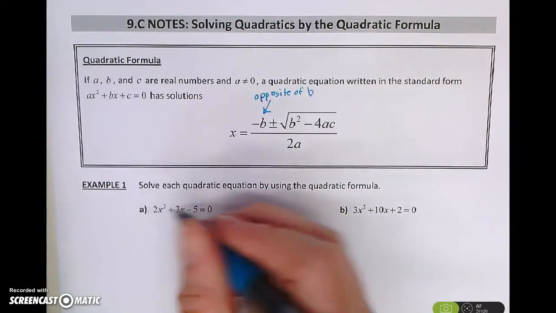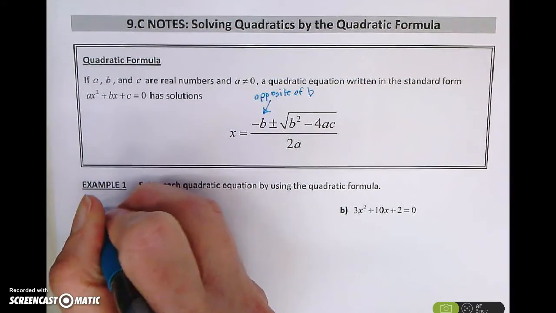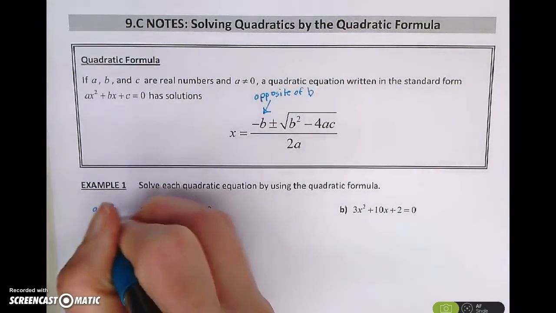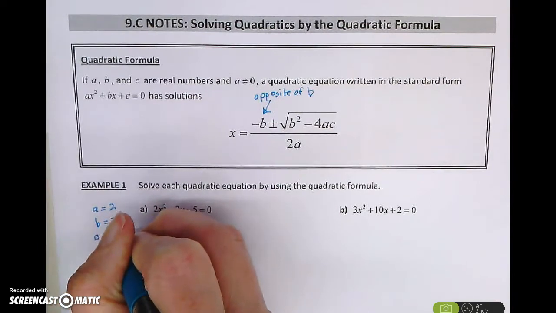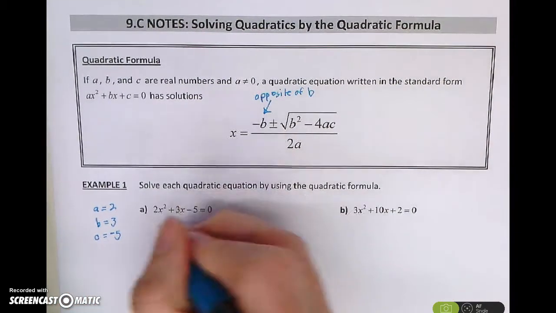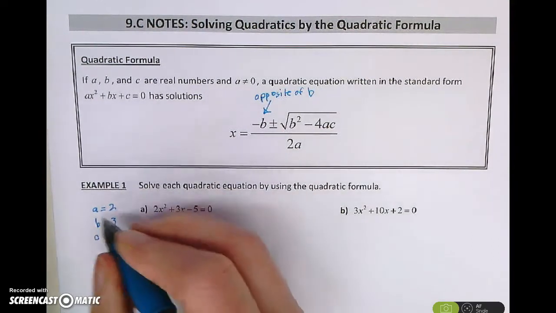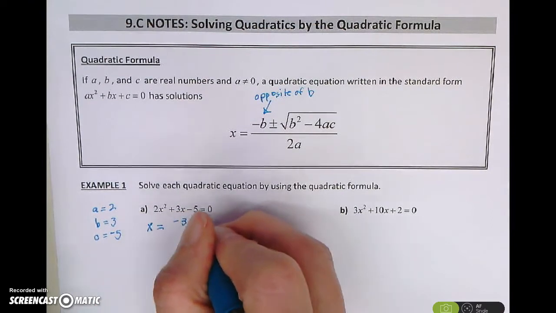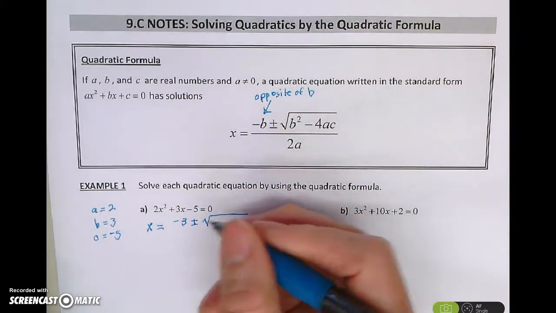So this first one, I have 2x squared plus 3x minus 5 is 0. It's in standard form. So a is going to be 2, b will be 3, and c will be equal to negative 5. We're going to fill that into our formula. So we'll say x is equal to the opposite of b. So since b is positive 3, this will be negative 3, plus or minus the square root of b squared.